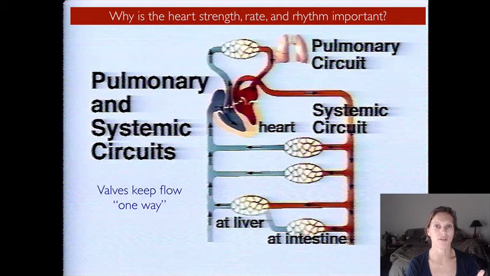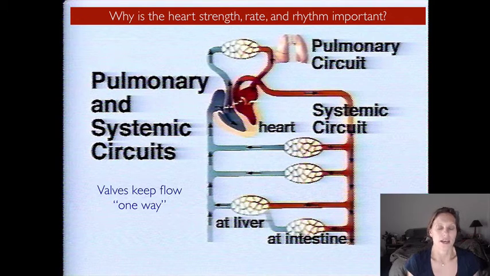And when those AV valves shut, we have a completely closed chamber with the semilunar valves being shut as well, and so the pressure in the heart is able to increase. Then when the pressure in the heart is greater than the pressure in the vessels exiting those chambers, right and left side respectively, the semilunar valves are forced open. On the right, we call that semilunar valve the pulmonary valve, and on the left, the aortic valve.